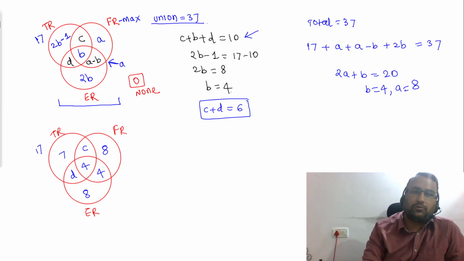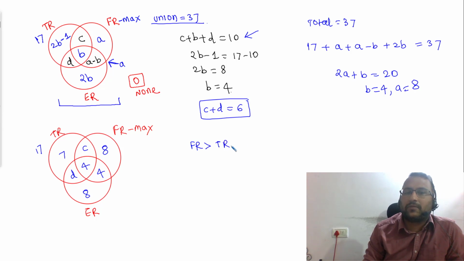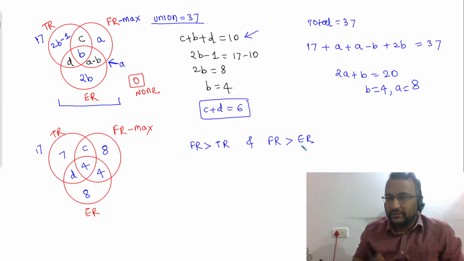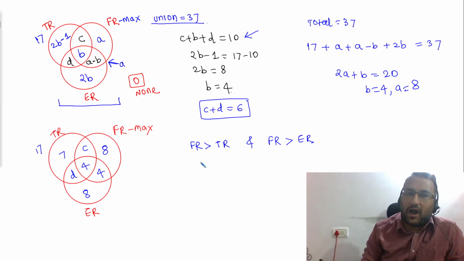So now we know the number of volunteers involved in FR is maximum. So what we can conclude, everyone, is that the value of FR should be greater than TR, and the value of FR should be greater than ER as well. So let's make use of these two inequalities. The total of FR is equal to 16 plus C, that is greater than TR, which is 17.